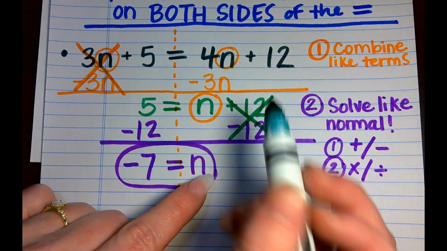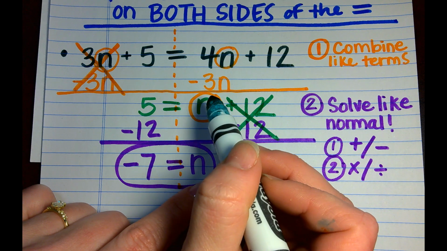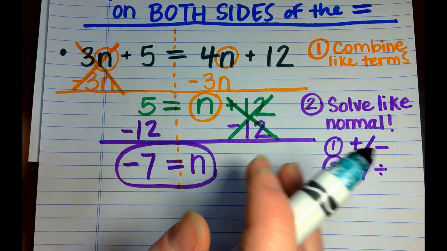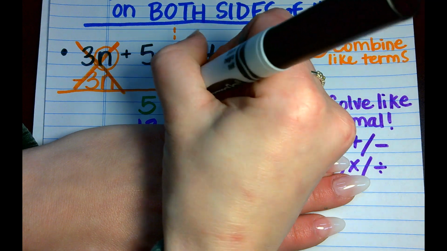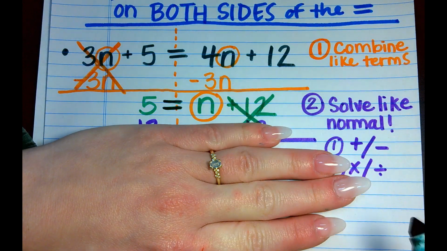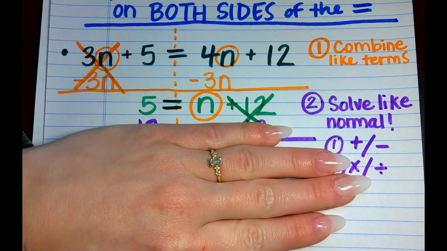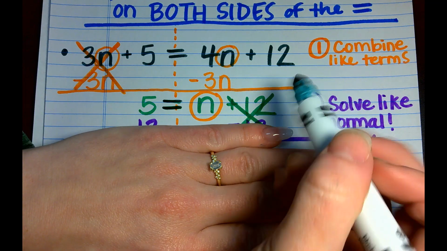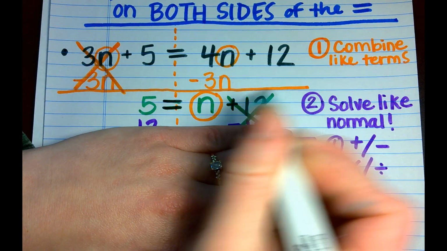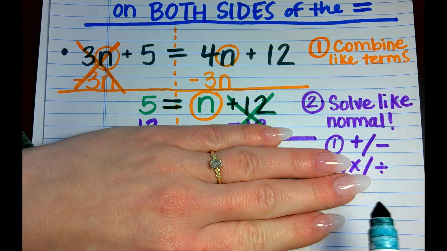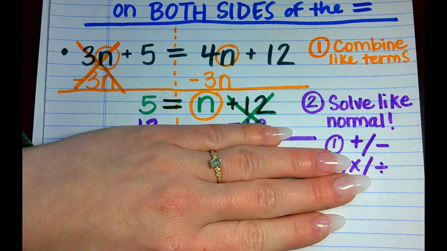I know that my goal is to get n by itself. So I am trying to get rid of any of the numbers on the side that are with n. So 5 is on the other side. It's already by itself. We got rid of 12 because 12 was over here next to n, and I needed to get rid of it so n could be by itself.